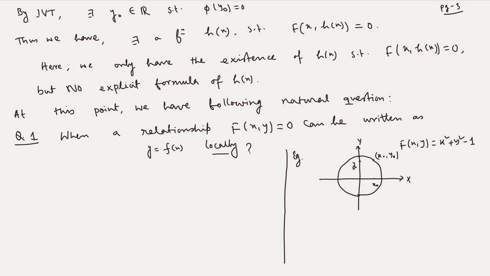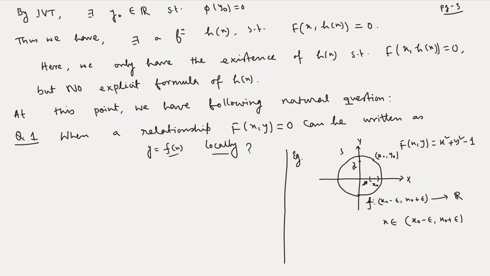So locally means, if x naught y naught is a point where f of x naught comma y naught is equal to 0, does there exist some epsilon neighborhood, x naught minus epsilon, x naught plus epsilon, and a function, let's say denoted by f, from this epsilon neighborhood to the set of reals, such that for x in this interval we get some point f of x near the point y naught.